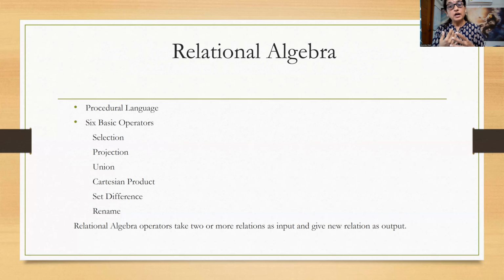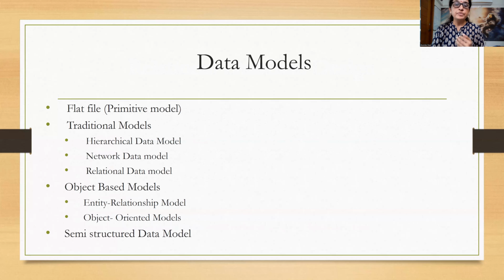Once the students have understood the mathematical aspect of this design process, we move on to data models. We talk of different data models like the flat file models, traditional models, object-based models, semi-structured. And we show them the comparison between the flat file and hierarchical.